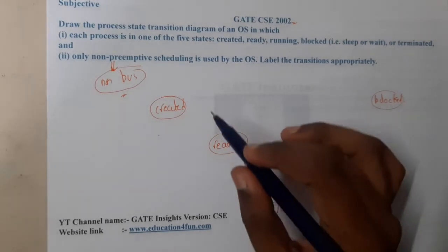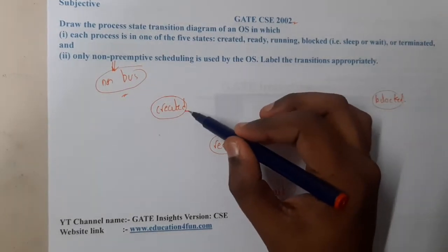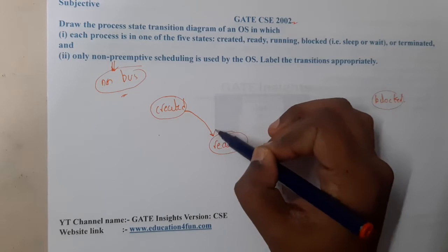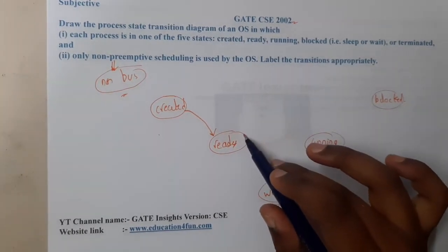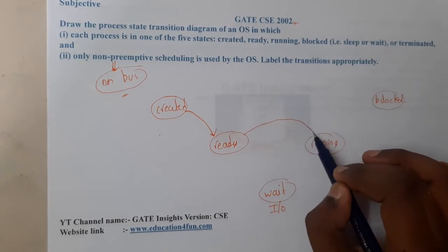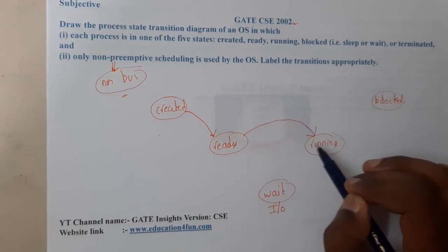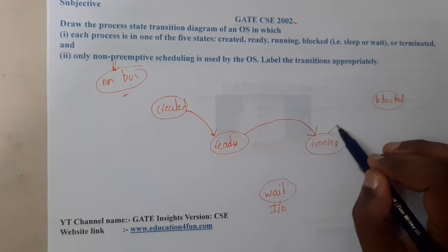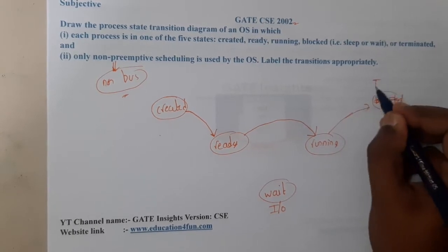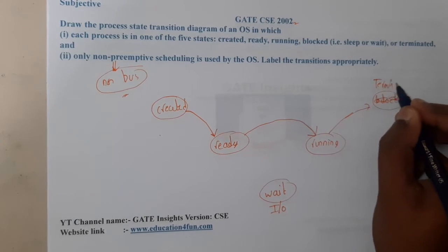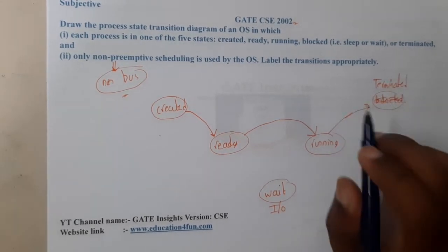When a particular process has been created, it will move from created to ready. If a particular process wants to run, it will move from ready to running. If a particular process is completed, it will move to, not blocked, it is terminated.